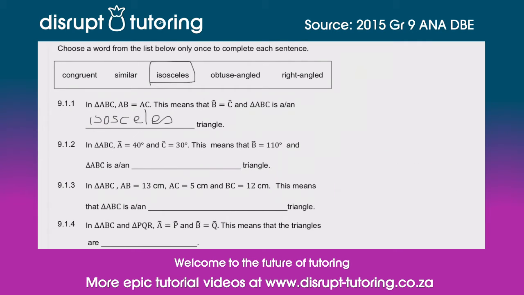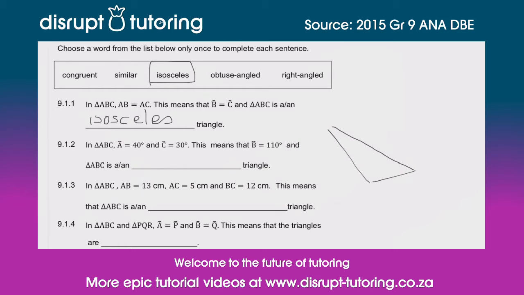They've said to us in triangle ABC, A is equal to 40 degrees, C is equal to 30 degrees, and that means angle B is equal to 110 degrees. So I'm going to draw this triangle out, and I notice that this is an obtuse angle, which is bigger than 90 degrees. So I'm going to draw that angle first, which is larger than 90 degrees, and then connect those two lines together.